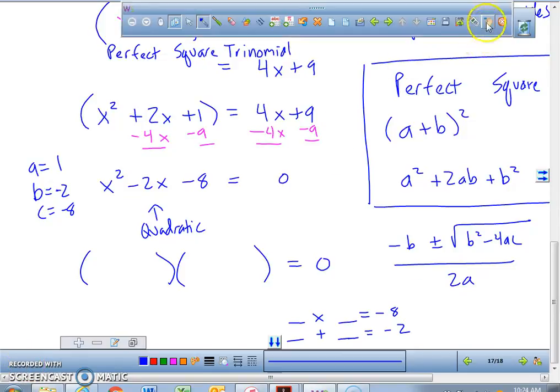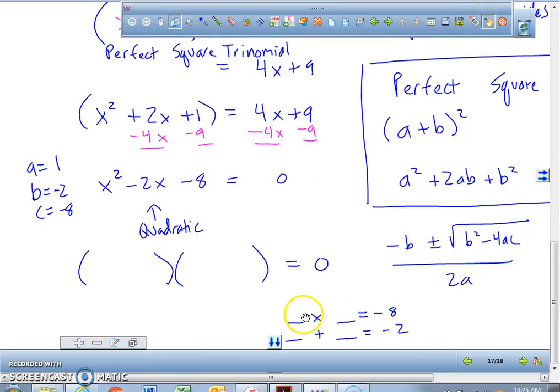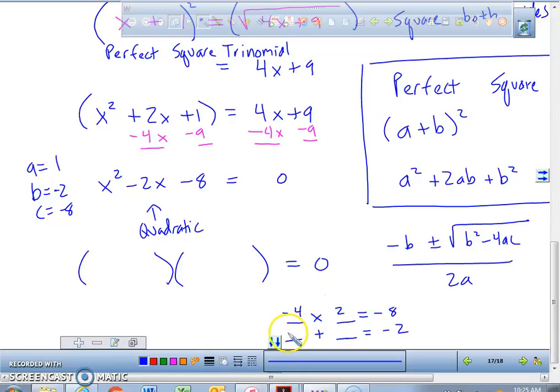Now, if you wanted to factor this, you're looking for two numbers that multiply together to equal negative 8 and add together to equal negative 2. Those two numbers are negative 4 and positive 2, because negative 4 times 2 is negative 8 and negative 4 plus 2 is negative 2.